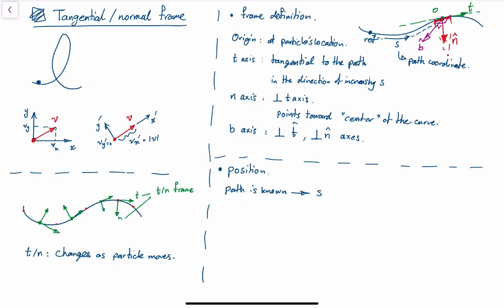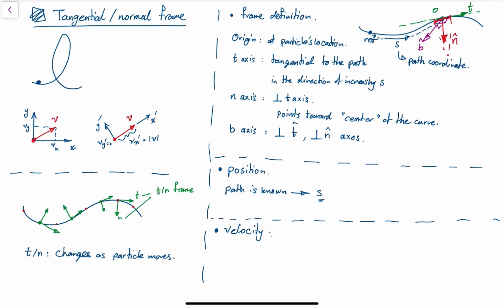If we know the path and we know in which direction and how far along that path we are, we can fully define, without any ambiguity, where the particle is. You would wonder, if this is how we define it and we don't use the normal tangential components, then why did we even define them? The usefulness comes when we define velocity.